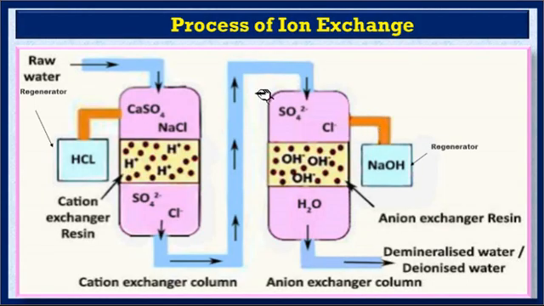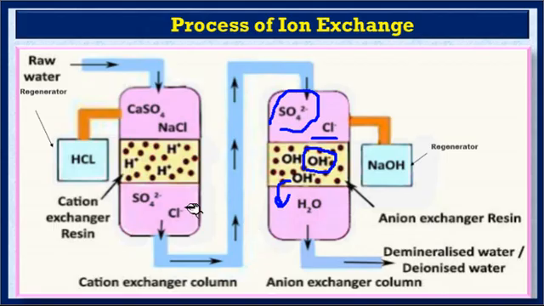Now the anion exchange resin exchanges all the anions like sulfate ion and chloride ion with the OH minus ion present in the anion exchange resin, and these anions are held by the resin, and in place of these anions, OH minus comes out through the anion exchange resin bed.